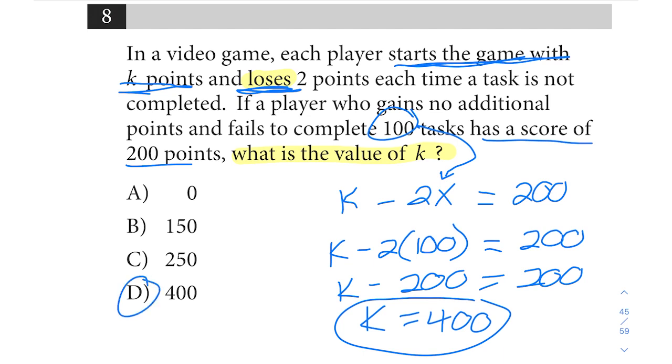Now let's talk about what to do on a question like this if you didn't know how to set up that equation algebraically. Well, if you end up with 200 points, and the only thing that can happen during the game is that you can only lose points. You lose 2 points each time a task is not completed. So that means that to end up with 200, your starting amount would have to be greater than 200.